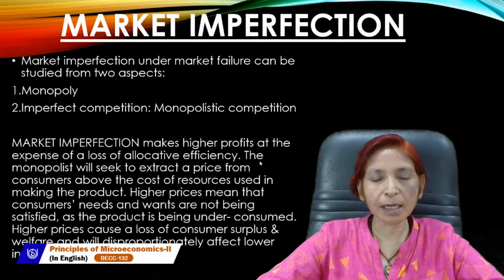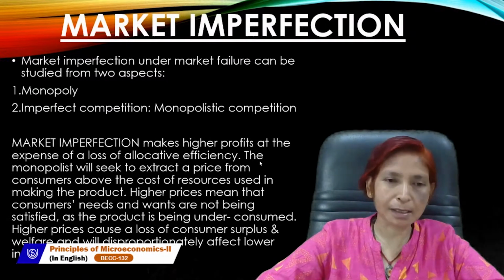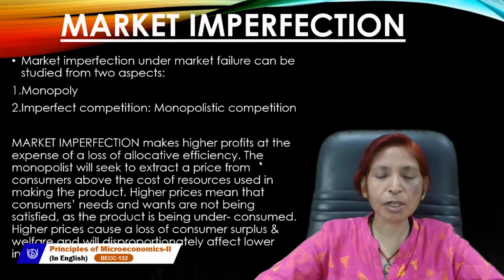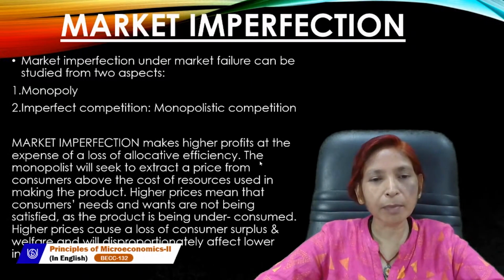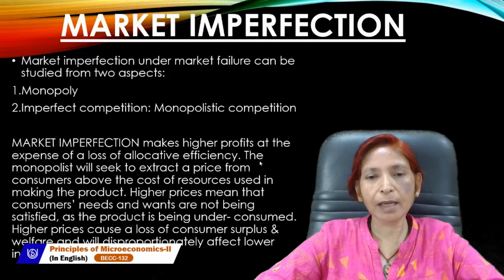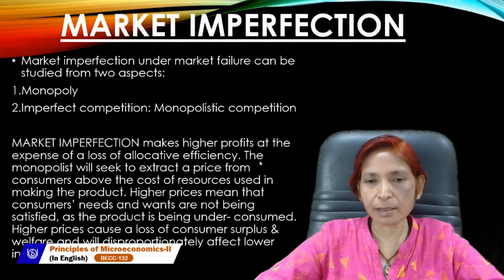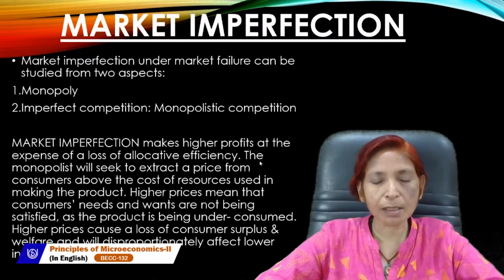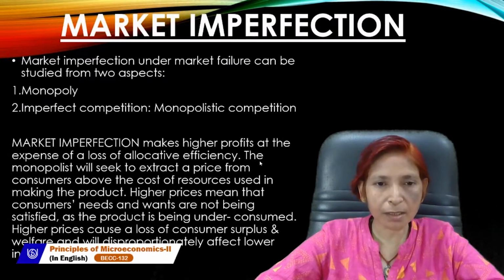Monopolistic competition is a market in which buyers and sellers are in large number and a heterogeneous product exists in the market. All sellers produce a differentiated or heterogeneous product.